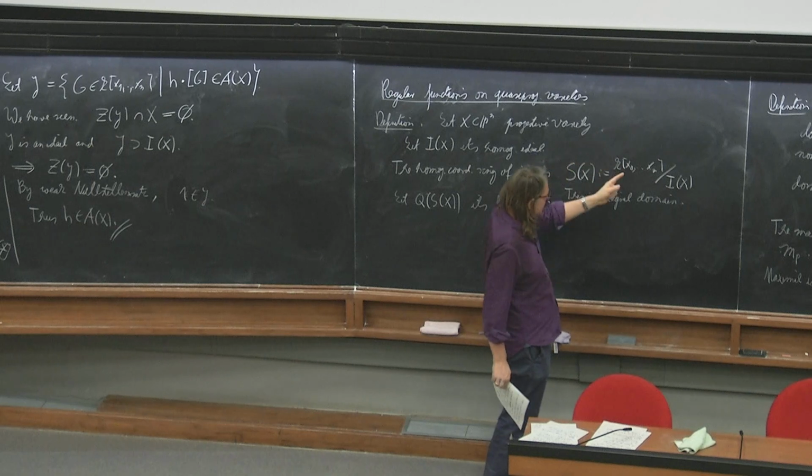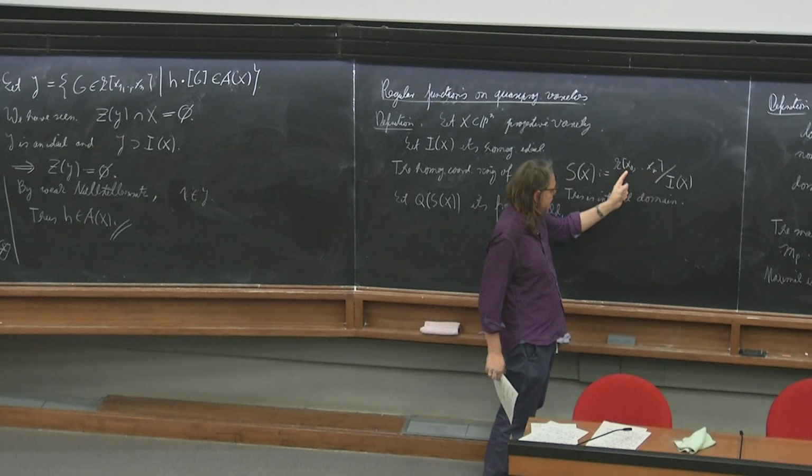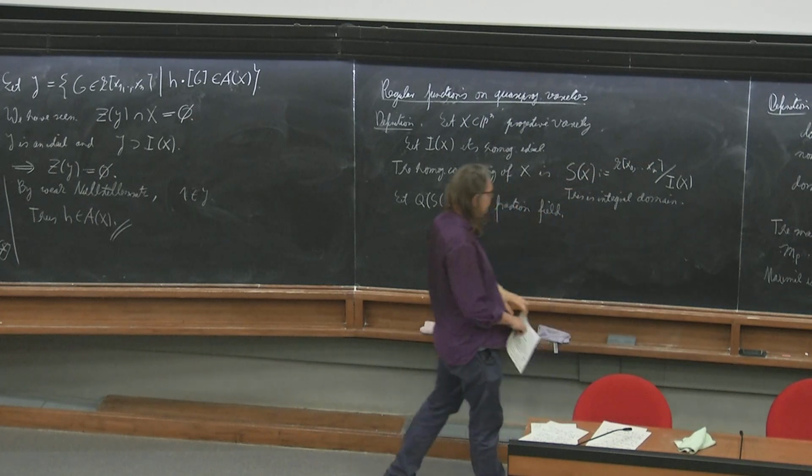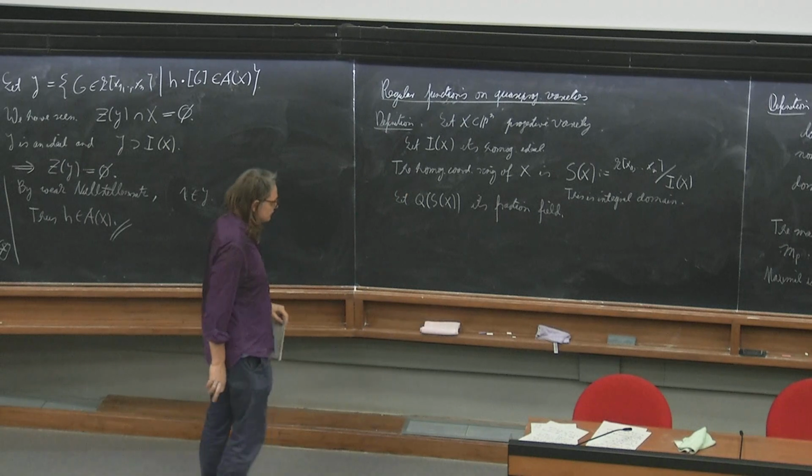If I replace the coordinates by multiples, so multiply every coordinate by lambda, this gives me the same point in projective space, but the value of the polynomial would be different. And so this cannot give us well-defined functions.